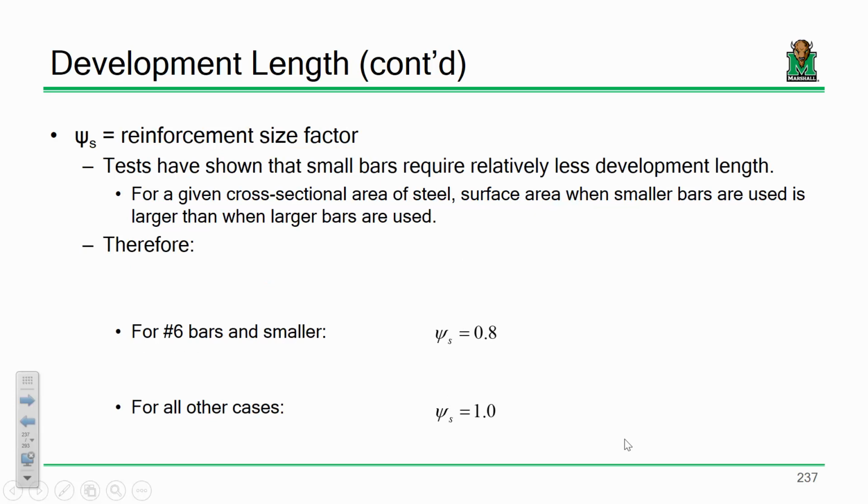All right. Let's talk about psi sub s. Psi sub s is our reinforcement size factor. This one takes a little bit of thought, but it's not that bad when you chug it out. So let's go back to beam design. What's our general process when we design a beam? We'll have some moments, and we take those moments and say, okay, let's compute a nominal capacity that's required.